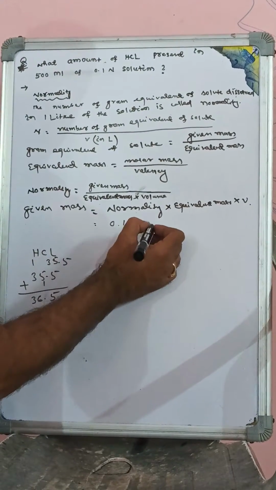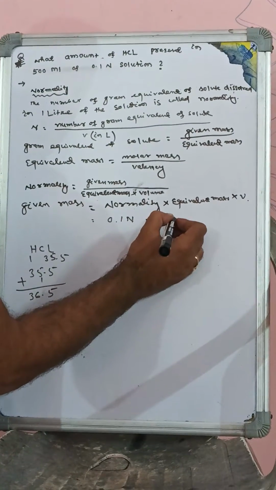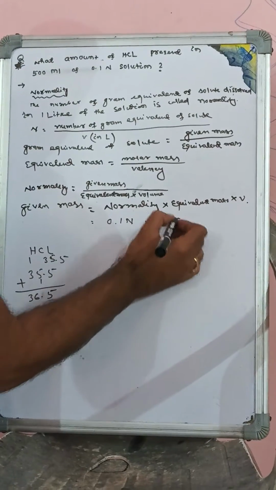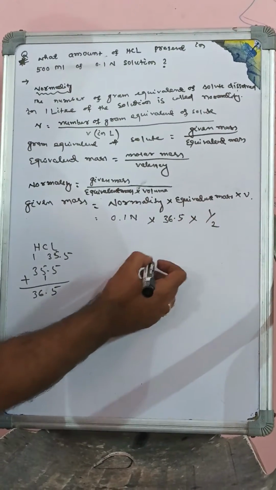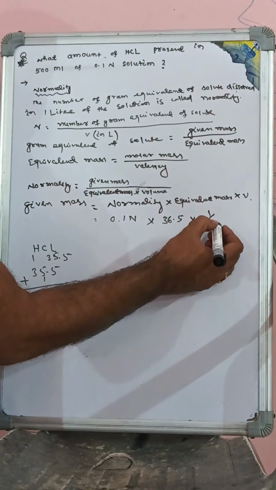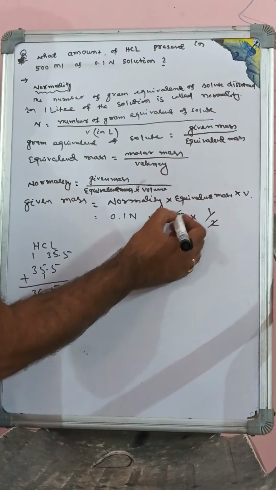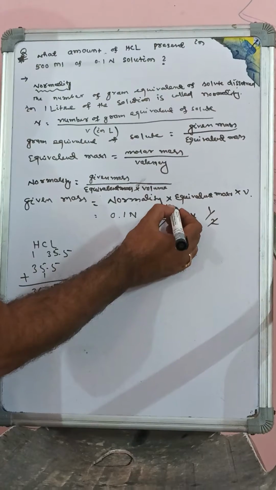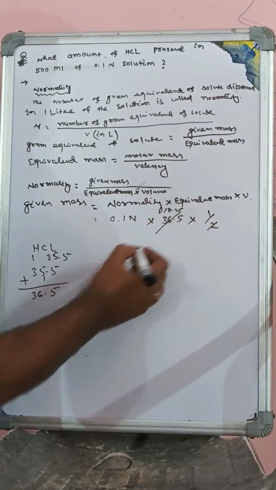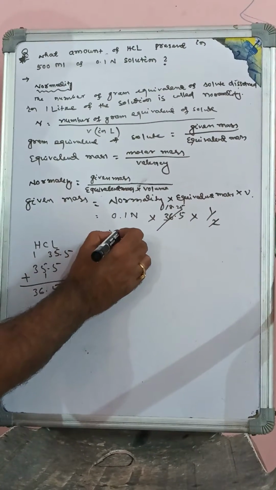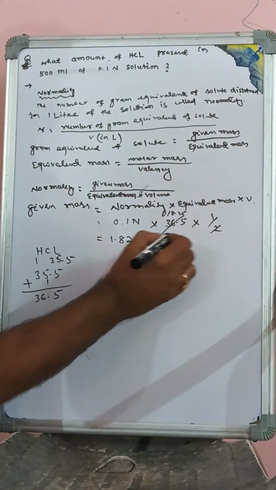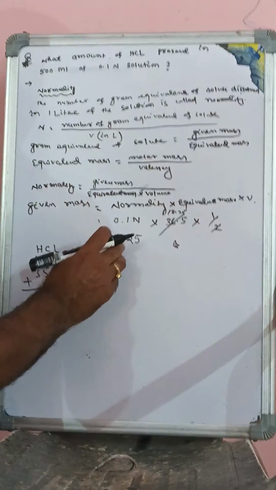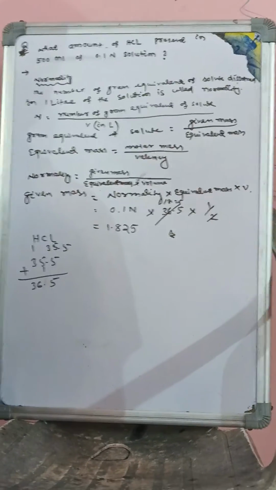So 0.1 N into 36.5, the equivalent mass, into half. That is 1.825. This will be the answer.